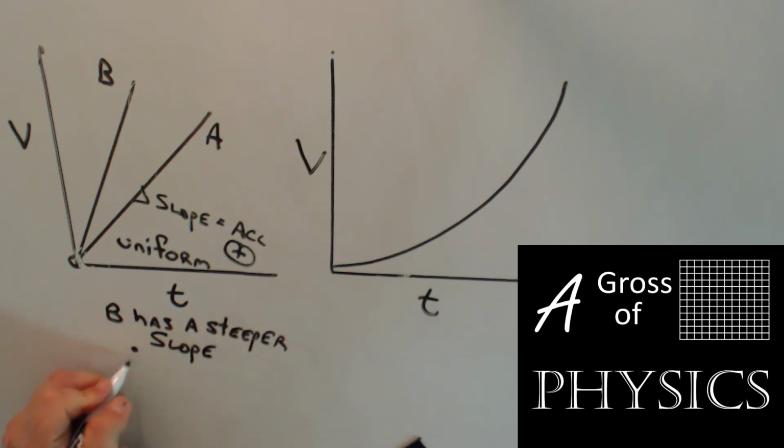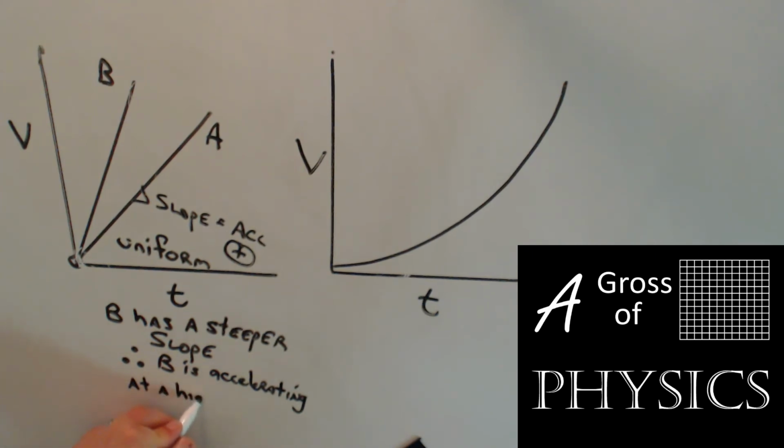Therefore, I'll use a math symbol, the therefore symbol, B is accelerating at a higher rate. So the acceleration of B is greater than the acceleration of A.